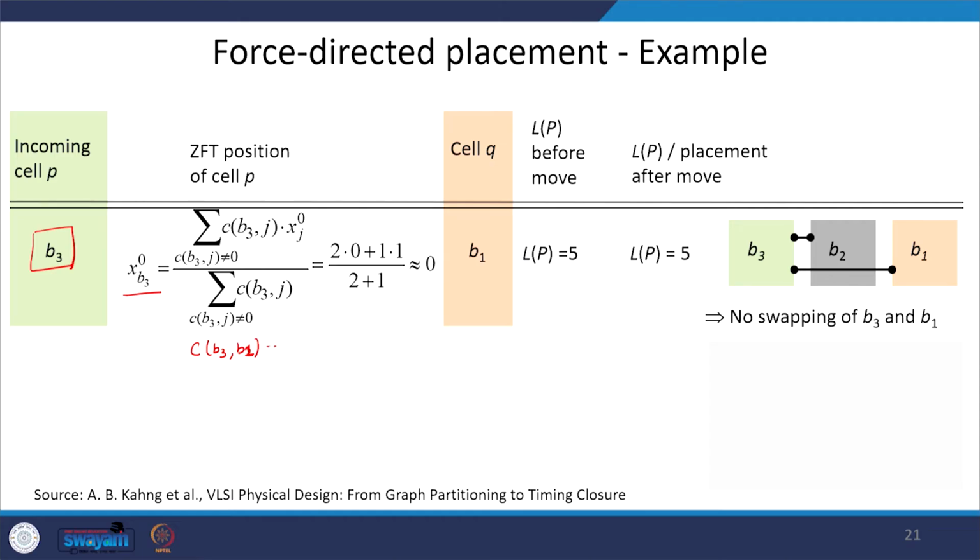Here you can see C of B3 comma B1 is 2 and x of B1 is 0, which leads to 0. This 2 is the same as this 2 and this 0 is the same as this 0. Similarly, C of B2 comma B3 is 1, and x of B2 is 1, which results in 1.